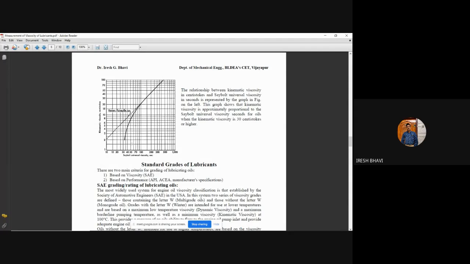So suppose from the absolute viscosity you calculate the kinematic viscosity and plot the graph of Saybolt universal viscosity versus kinematic viscosity. This Saybolt universal viscosity will be in terms of time, that is seconds, whereas kinematic viscosity is in terms of centistokes. And you can see that this is the characteristic of the graph.